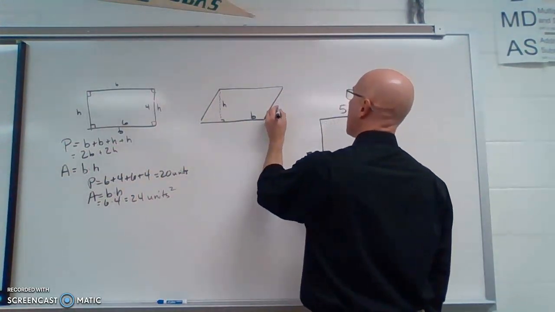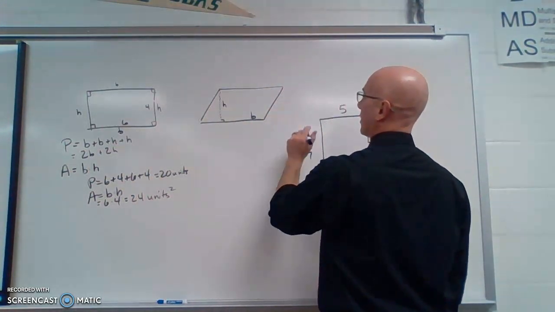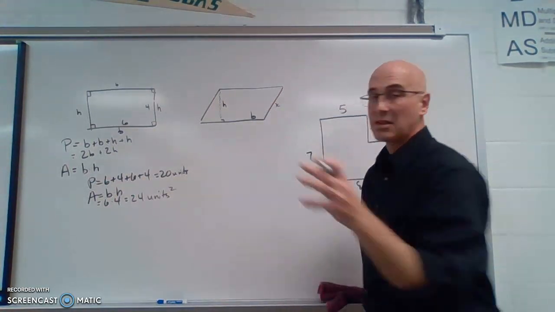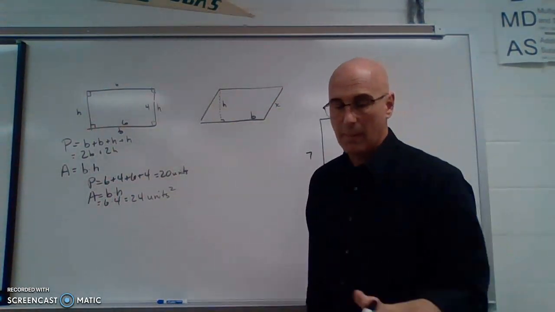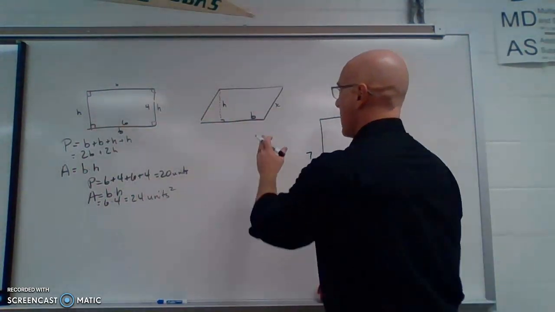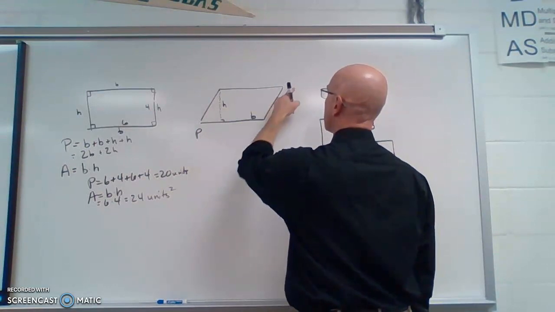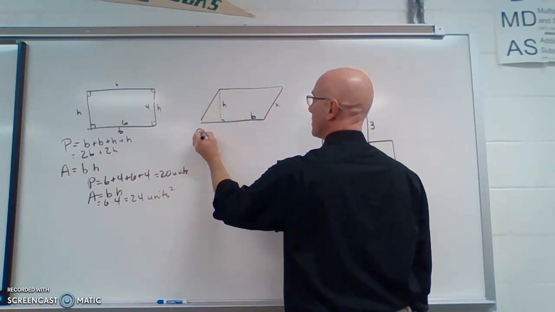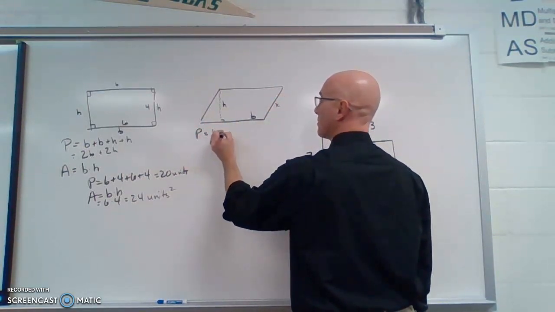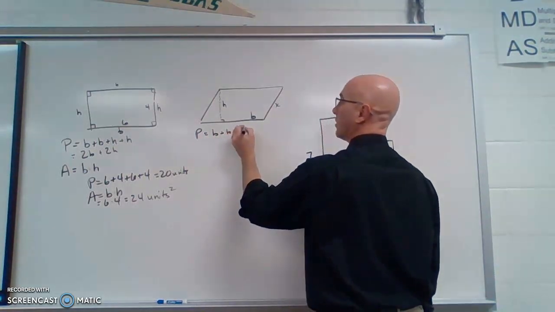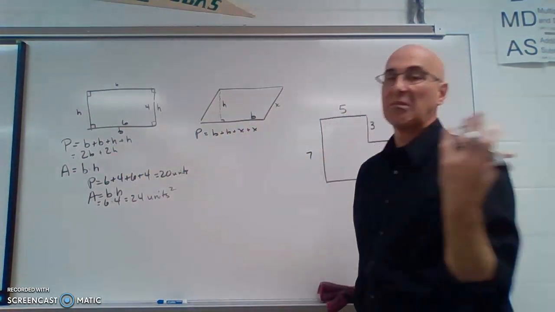Now, we might have another side here. Let's just call it X, for lack of better words. For the perimeter, we have a base and 2 sides. So that's the sum of the sides. So base plus X plus base plus X. Really, that's all it is.